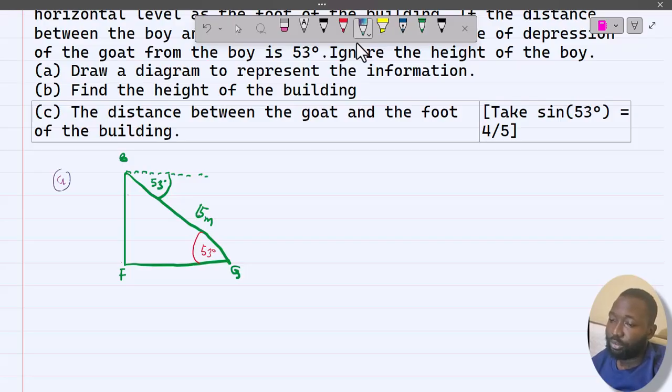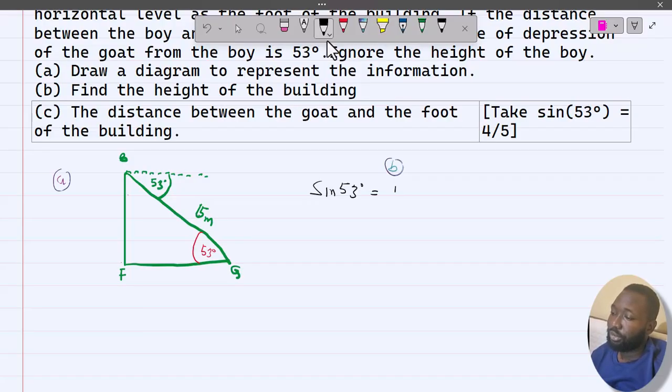So now let's come to B. We are given sine. So here we know sine 53 is equal to the opposite.